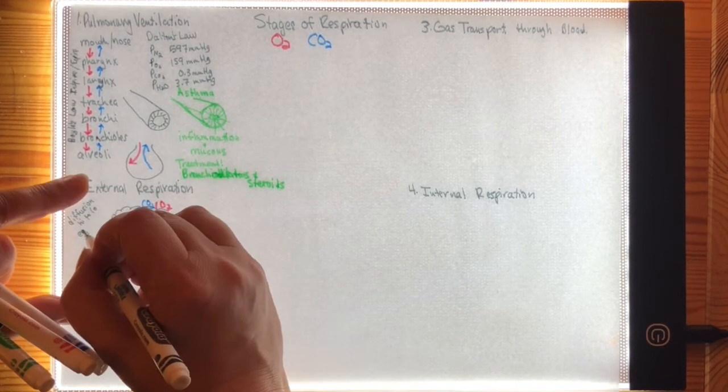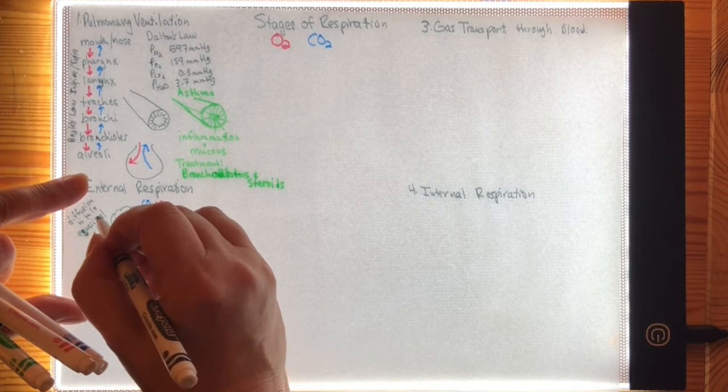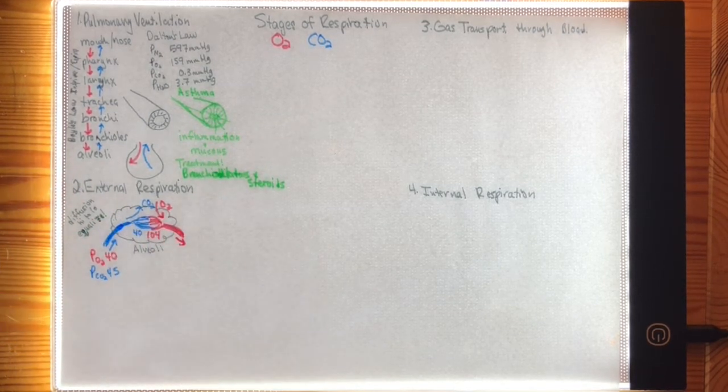It's going to be passive diffusion, where we take things from where they are higher in concentration and exchange them into a region where they are lower in concentration. Therefore, since oxygen is lower in the blood, it's going to be exchanged into the lumen. And since carbon dioxide is lower in the lumen, it's going to be exchanged into the blood. We're going to be equalizing these two numbers.